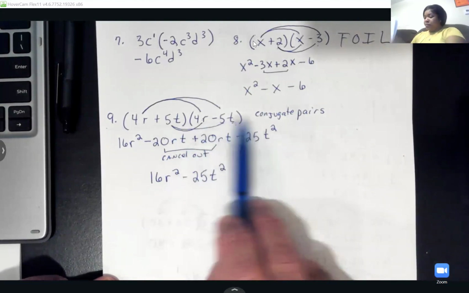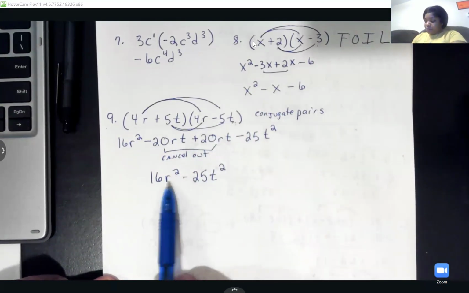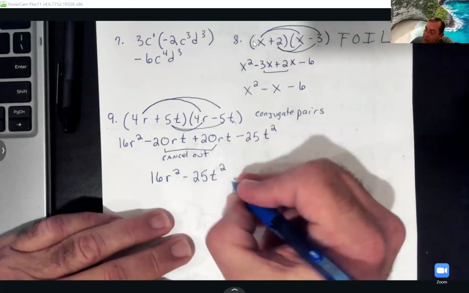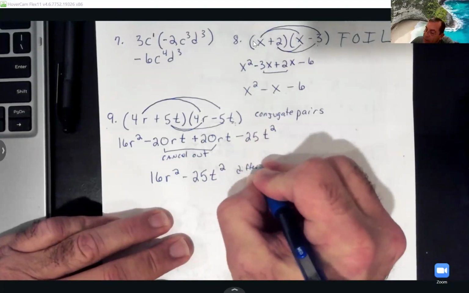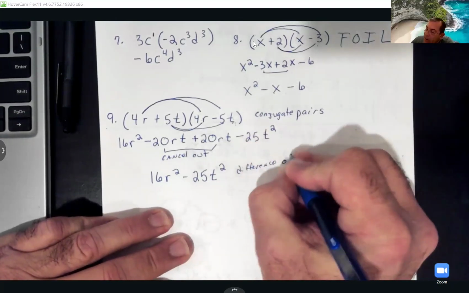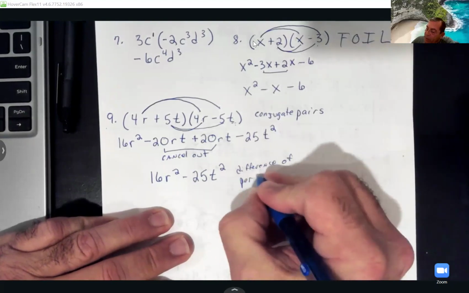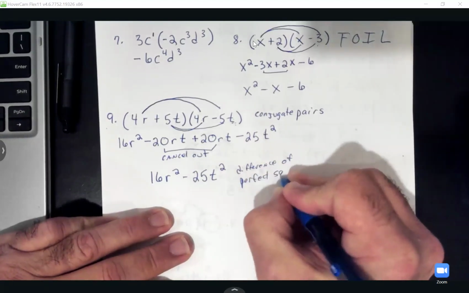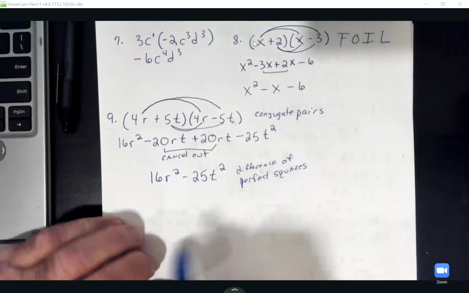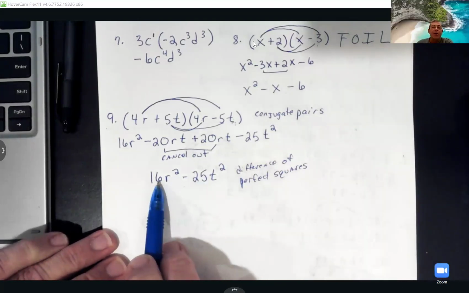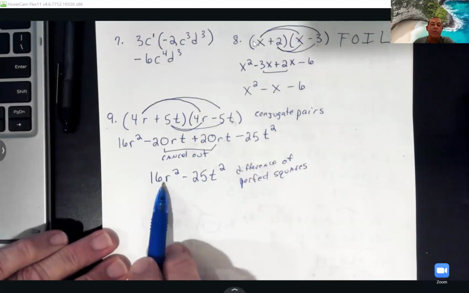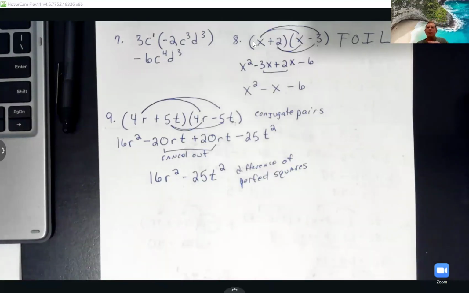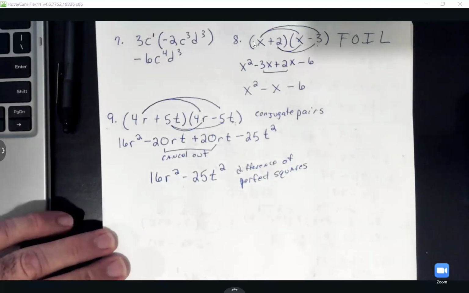And I'll tell you this answer has a special name. When you FOIL these conjugate pairs, these answers are what we call the difference of perfect squares. Because it's subtracting squares. The difference, and everything has a square root. 16, 25, all them numbers will be what we call perfect squares.